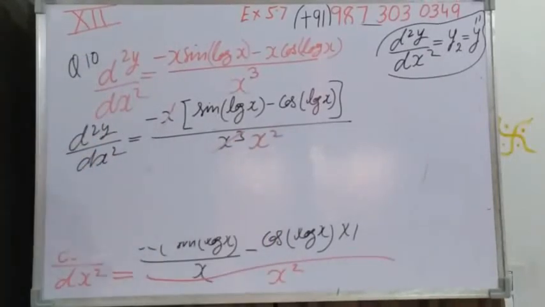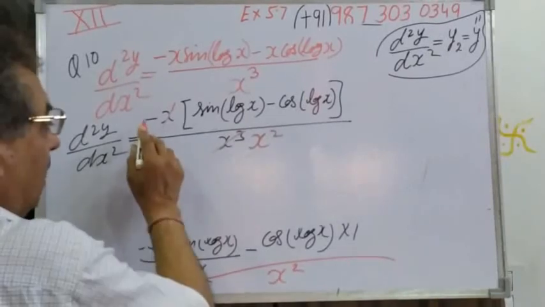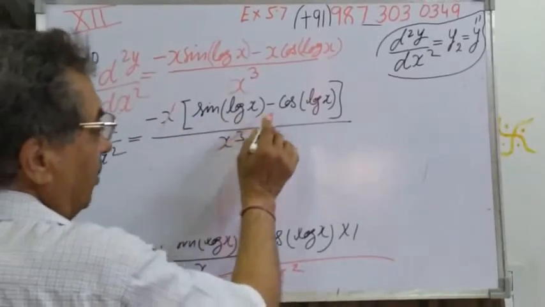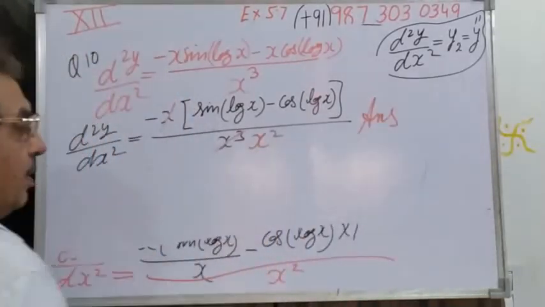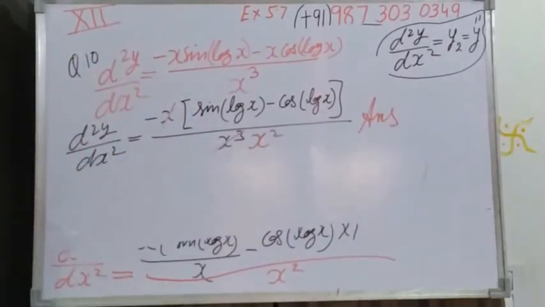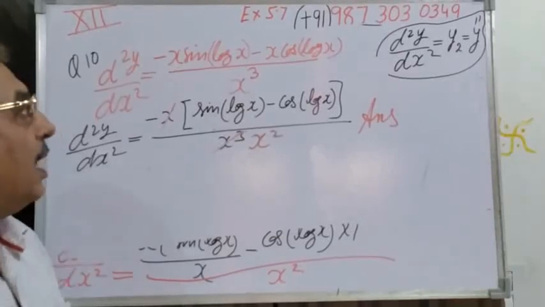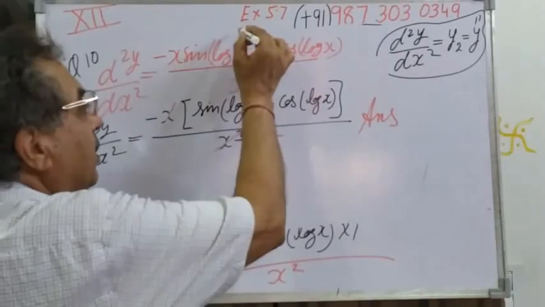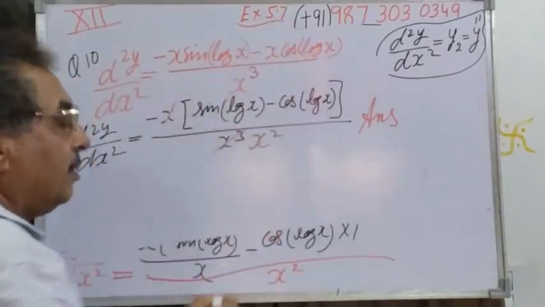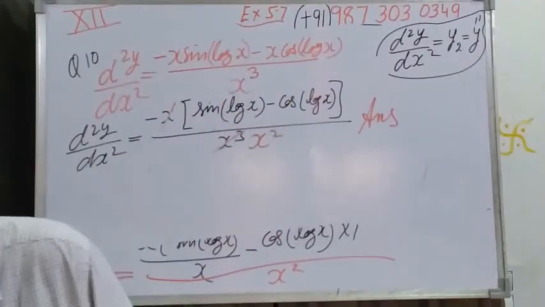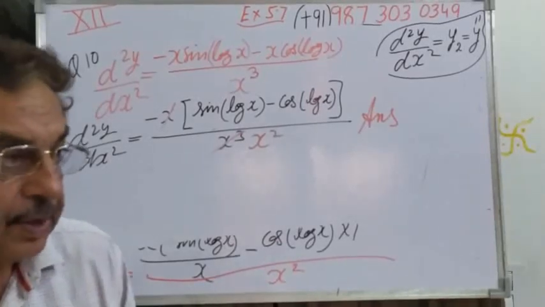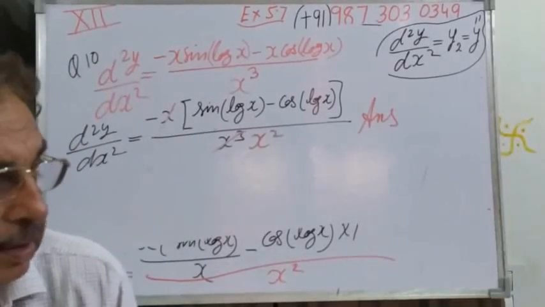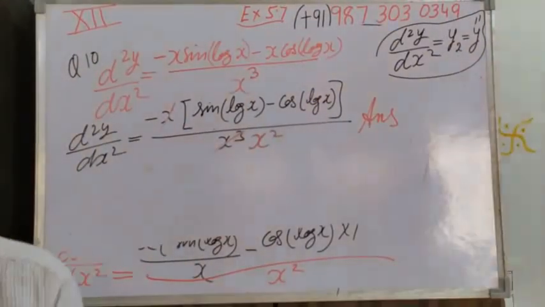So that is the final answer, that is minus (sine log x minus cos log x) divided by x square. That is the second order derivative in question number 10 of exercise 5.7. Now after this, let me see, in case we have some other important question.